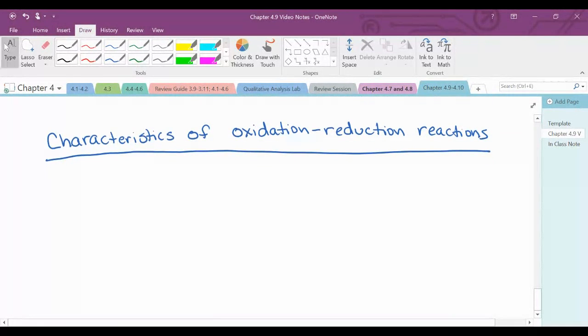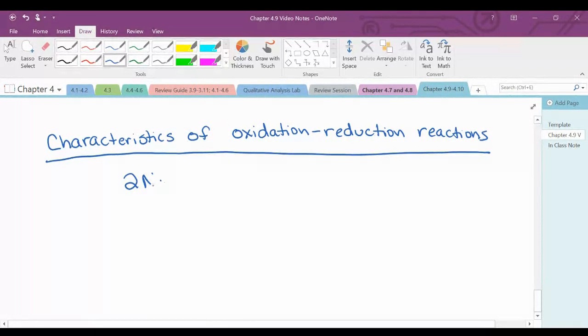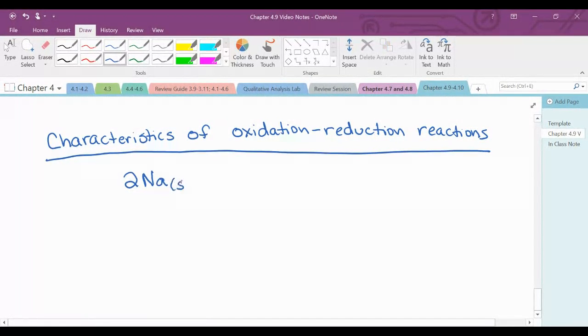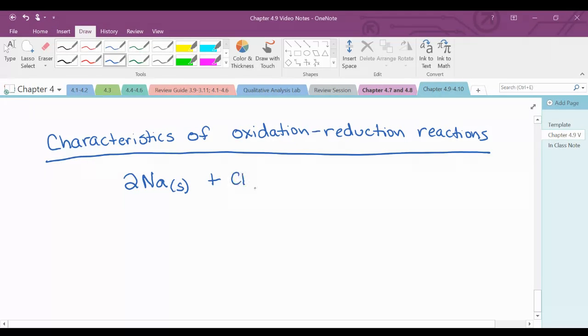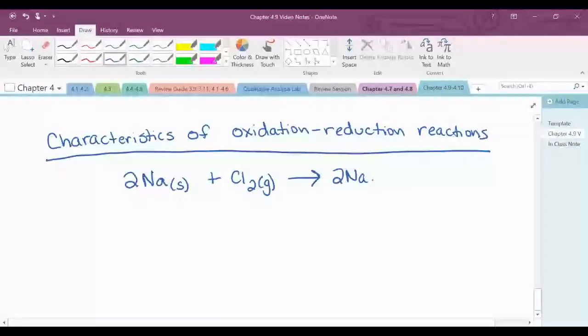In this reaction, we have sodium reacting with chlorine to form sodium chloride.